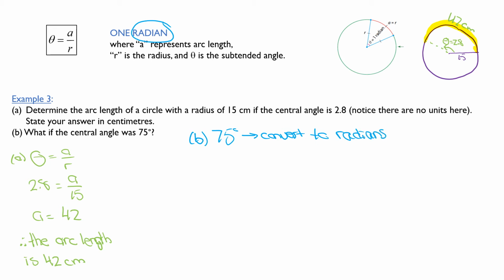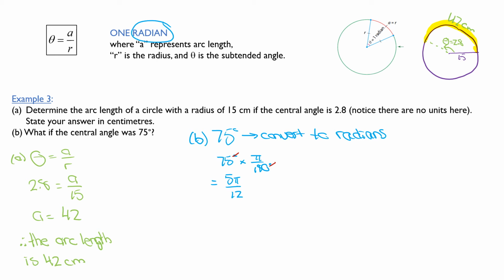We're going to convert 75 degrees to radians, so we do 75 degrees times 1. We want the same unit in the denominator that's in the original question, so they'll cancel. So these units are going to cancel out here. And we're going to keep it in exact form, 5 pi over 12.